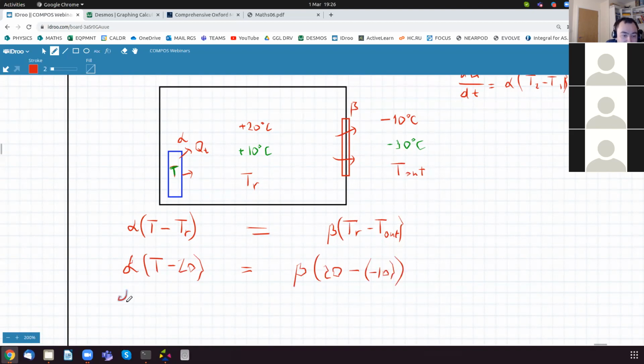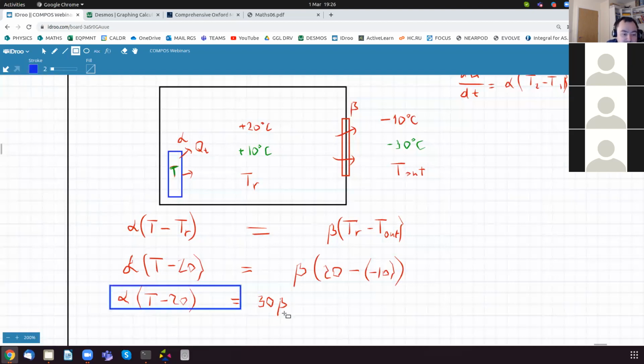Or alpha (T minus 20) equals 20 minus 10, which is 30 beta. That's the first equation that we have.